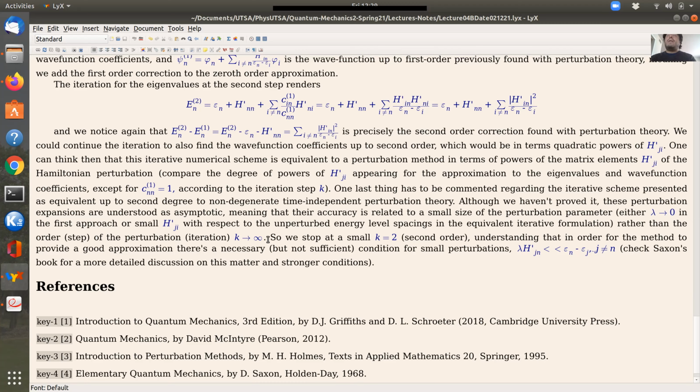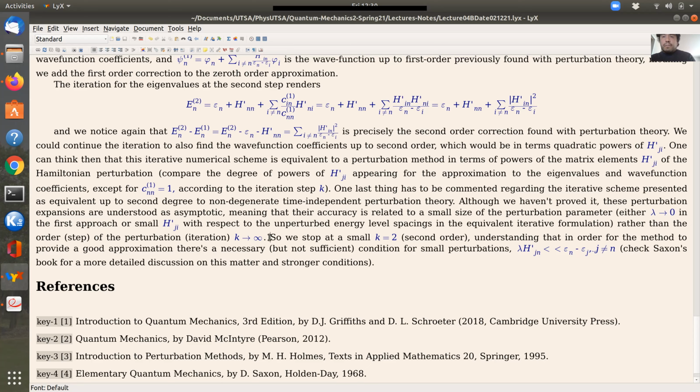So that's why we decided to stop at second order, because it's way more important to be careful that the perturbation is small. With respect to what? Actually, with respect to the energy difference, as a necessary but not sufficient condition, rather than going to third order, fourth order, k going to infinity in either the order of perturbation theory or the step of the iteration, right?